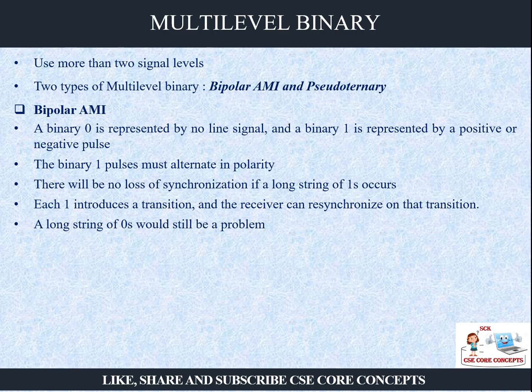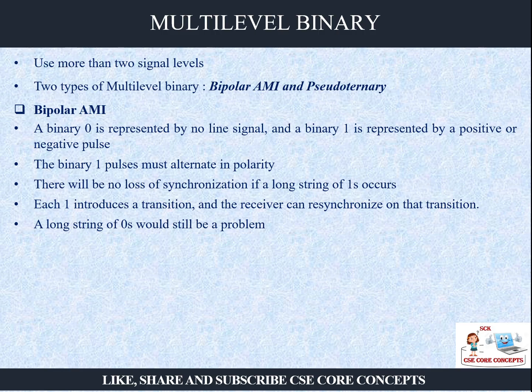So let us see the first one, that is bipolar AMI, where a binary 0 is represented by no line signal. So no signal is 0, and if it is 1, it is represented by either a positive or a negative pulse. And that means it must alternate. So initially if the first one is positive, next it will become negative.